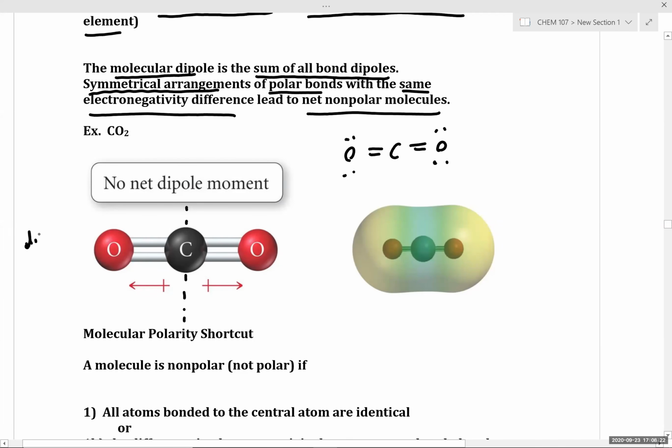As a result, our dipoles cancel. Does that make sense to everyone? This idea that you can have polar bonds, but if they're arranged symmetrically, and if your central atom is bonded to exactly the same atoms arranged symmetrically, you have no net dipole. Does that idea make sense to everyone?